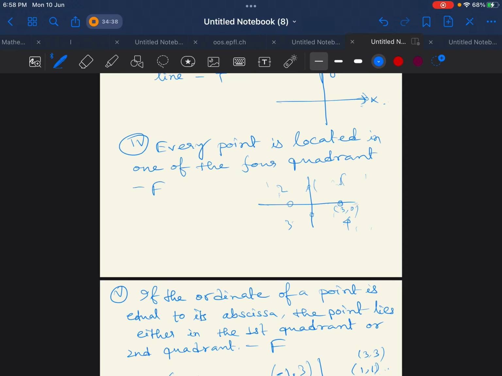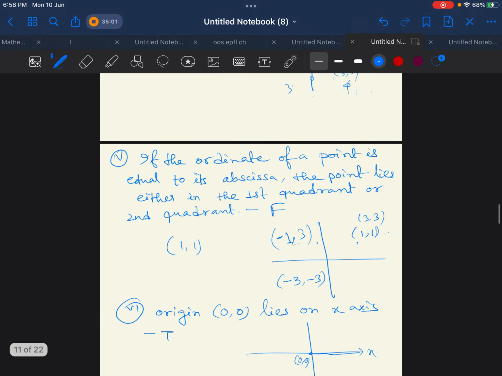Here (3, 0) is located on the x axis, (0, 4) is located on the y axis. So every point is located in one of the 4 quadrants, also on the axes, on the x-axis and y-axis. So this is false.